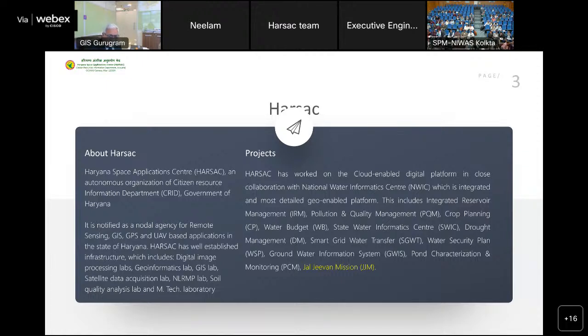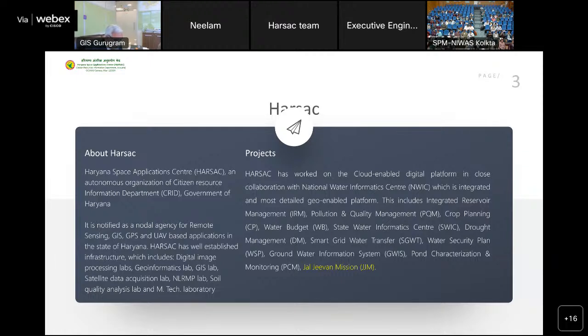Basically, HARSAC is working on many other activities, and on a cloud-enabled digital platform in collaboration with the NWIC, which is an integrated, highly detailed geo-enabled platform. These include integrated reservoir management, pollution control management, crop planning, water budgeting, water informatics, state water informatics centers, drought management, smart grid, water transfer, water security plan, groundwater information, pond characterization, and parallelly the Jal Jeevan Mission.